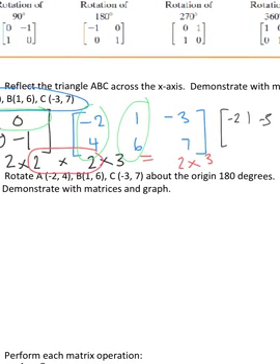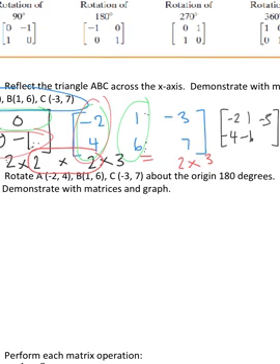Okay, second line. You go through the second row, and you do the first column. So 0 times negative 2 plus negative 1 times 4 is negative 4. And then 0 times 1 plus negative 1 times 6 is negative 6.